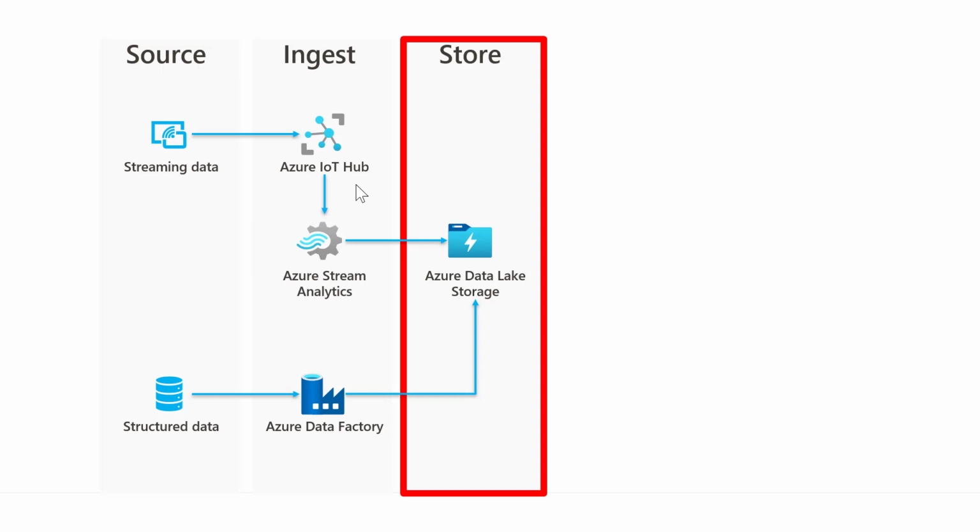Now, a very common thing that's done with data that has been ingested through either Azure Stream Analytics or Azure Data Factory is that it's then stored in Azure Data Lake Storage. Now, there's actually two generations of Azure Data Lake Storage available, called Gen 1 and Gen 2.